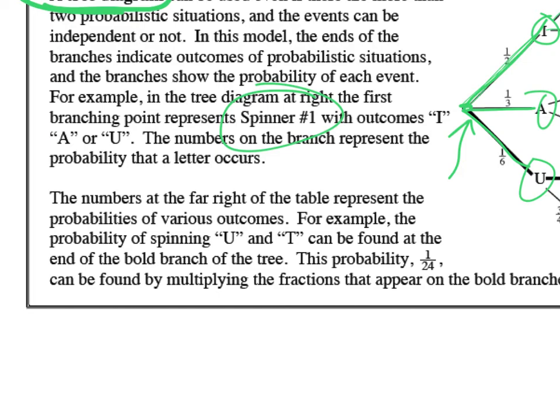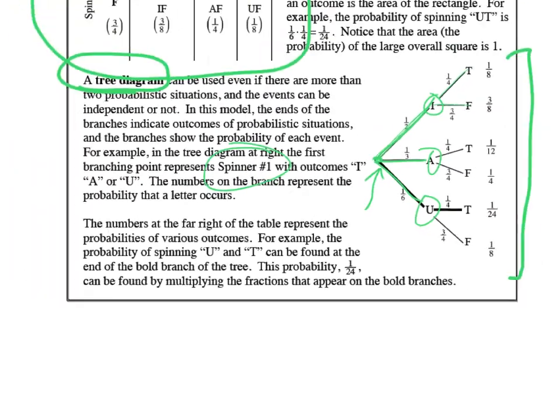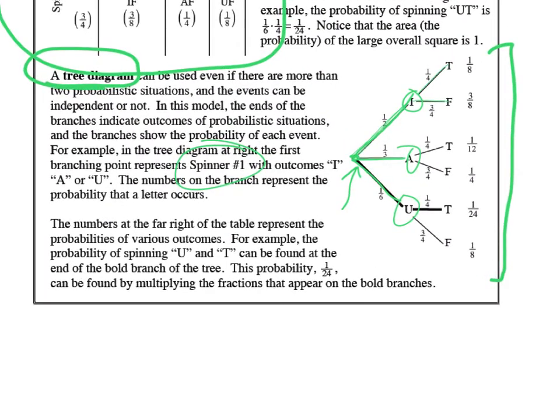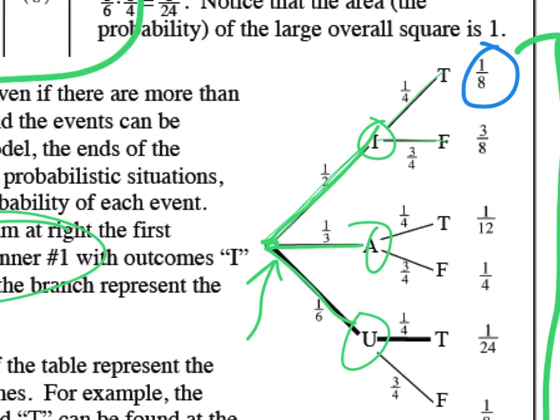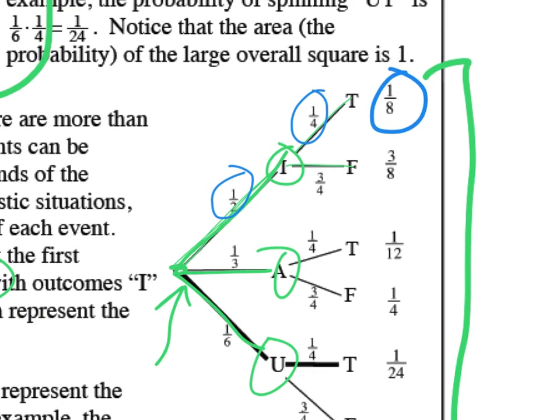So for example, the probability of spinning a U and a T can be found at the end of the bold branch of the tree. So what they're really emphasizing is that in order to get your final answer of 1/8, that was multiplied by taking this branch probability times this branch probability, and 1/4 times 1/2 is 1/8, and that is the combination of I and T, and that's for it.